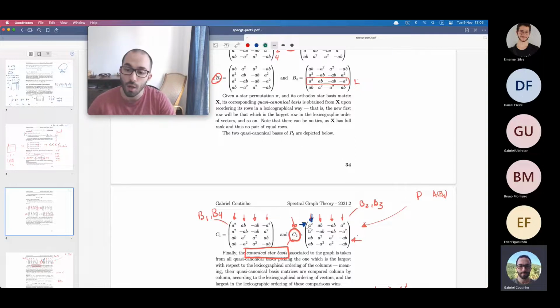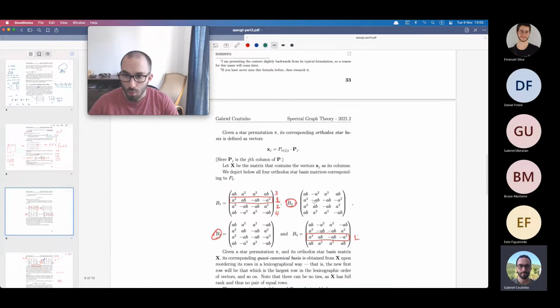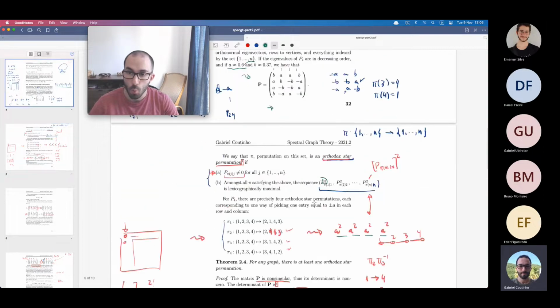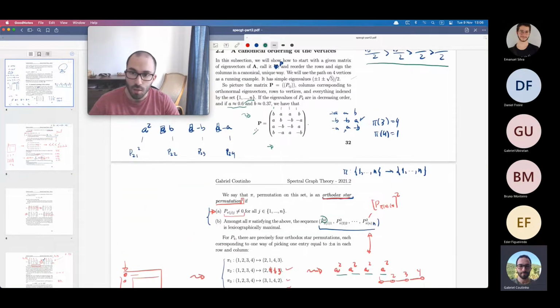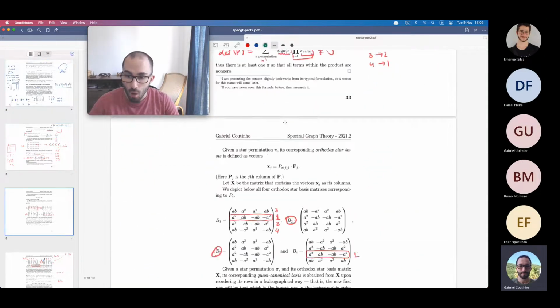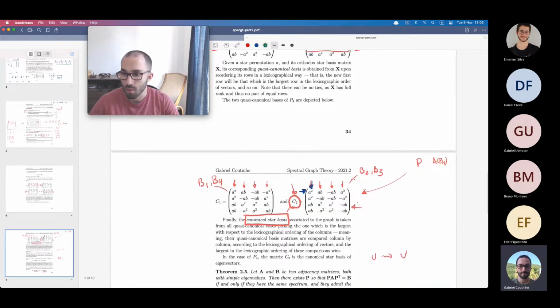And then we argued that this is a canonical choice, meaning that no matter which eigenvector matrix you start with, as long as this is normalized, you will always end up with the same eigenvector matrix, and this was what we call a canonical star basis for this case.